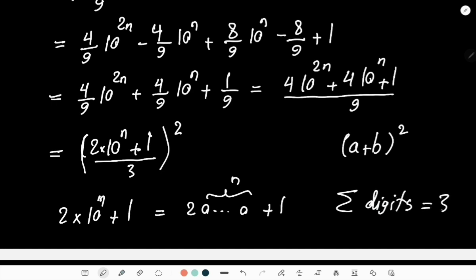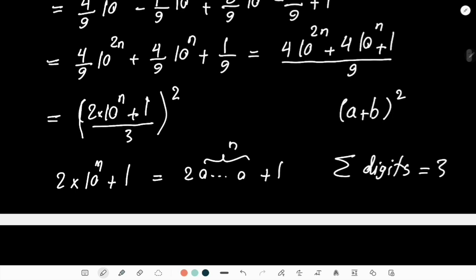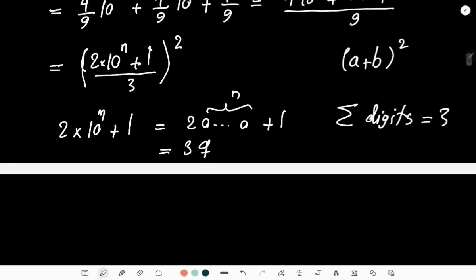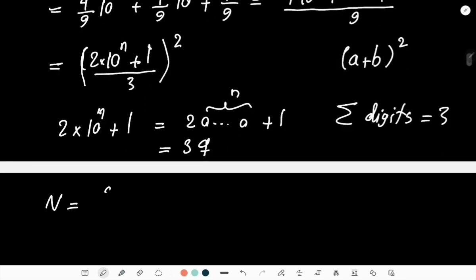In other words, this number 2 times 10 to the power of n plus 1 must always be divisible by 3. So this is indeed 3 times q, and if we put it inside the parentheses, we get n equals 3q divided by 3, and by the way, q is an integer, to the power of 2. In other words, n equals q to the power of 2. So we proved that n is always a perfect square.